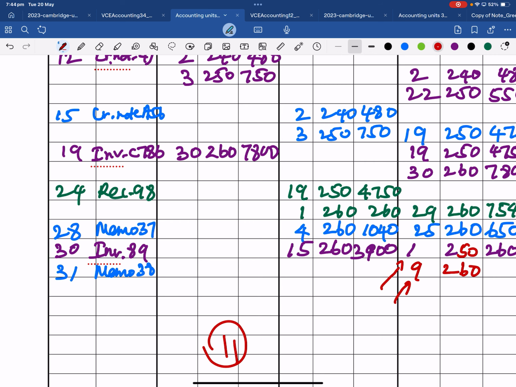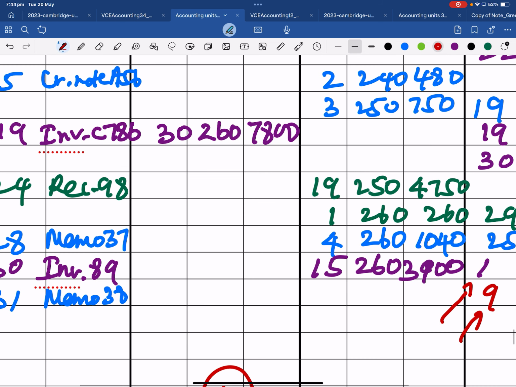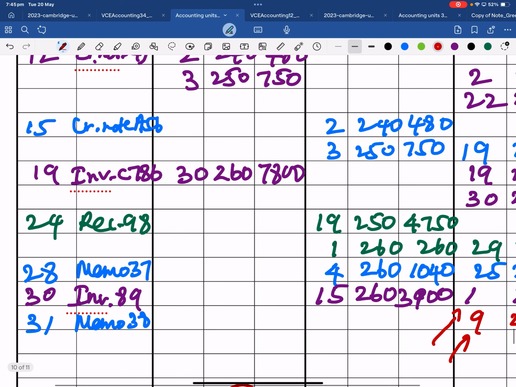So our assumption in FIFO is that the last inventory that came into the business is the one that has created the inventory gain.